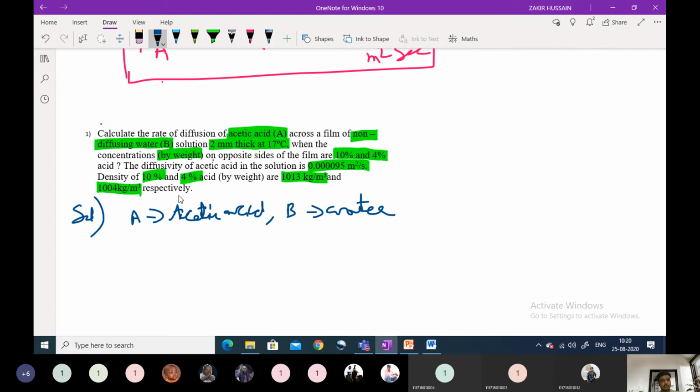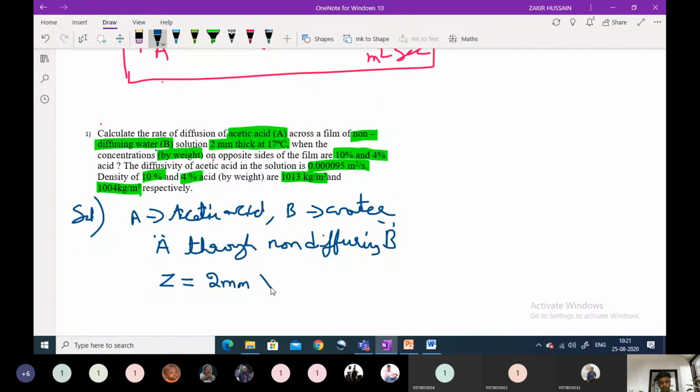Then the first statement is across a film of non-diffusing B, so this is the case of A through non-diffusing B. We can verify from the first statement. Then the solution thickness we denote with Z. It is 2 mm, so meanwhile we can convert it into meters. 1 mm is equal to 10 power minus 3 meters, so Z is equal to 2 into 10 power minus 3 meters.